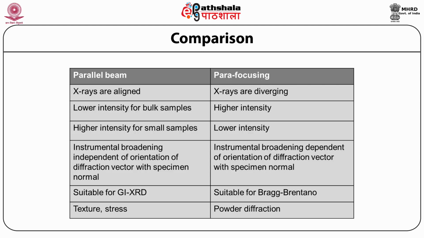Instrumental broadening is independent of orientation of the diffraction vector with the specimen normal and suitable for glancing angle XRD. Now parafocusing. X-rays are diverging, with higher intensity for bulk samples and lower intensity for small samples. Instrumental broadening is dependent on orientation of the diffraction vector with the specimen normal, suitable for Bragg-Brentano geometry.